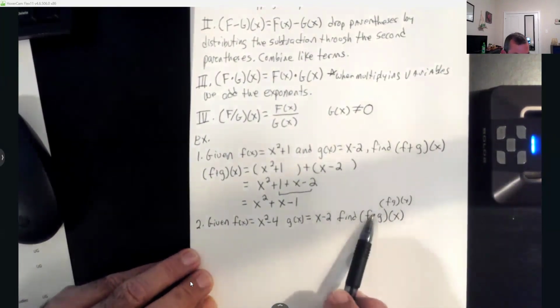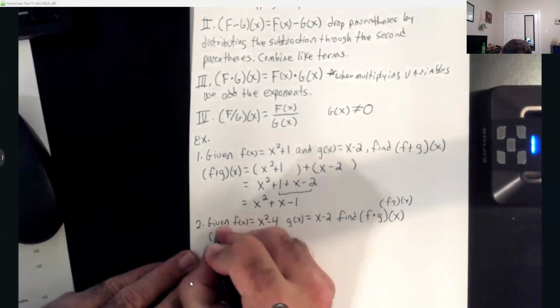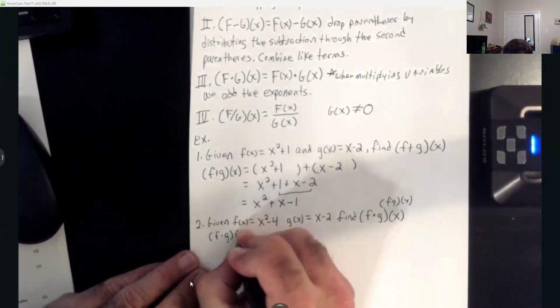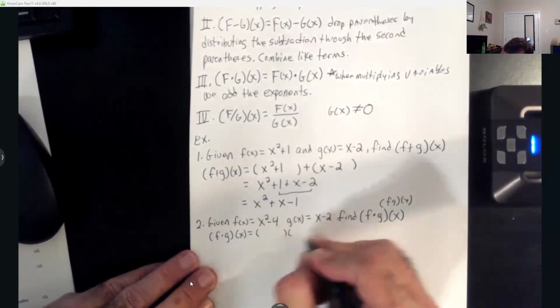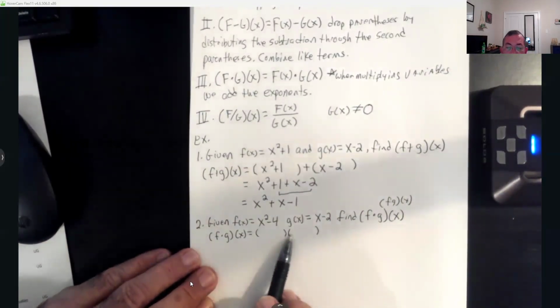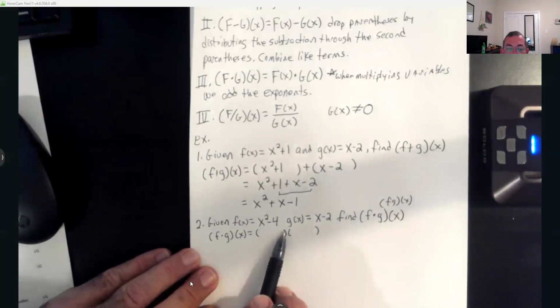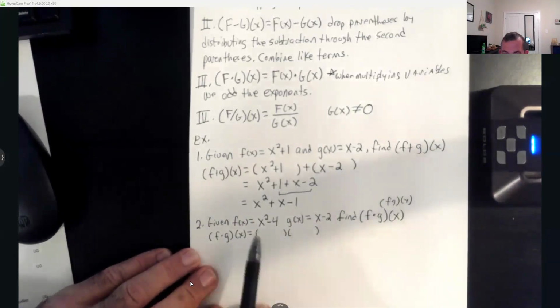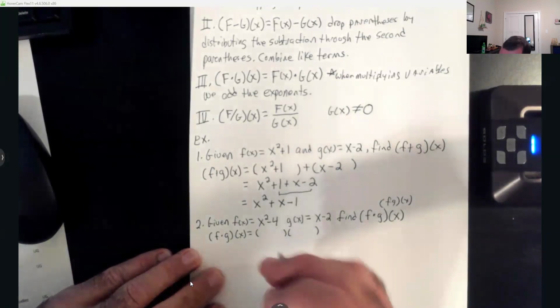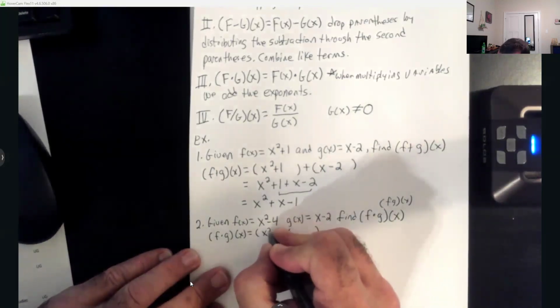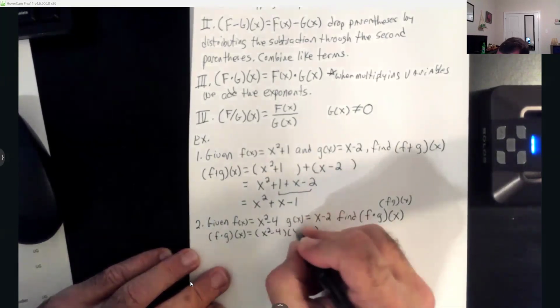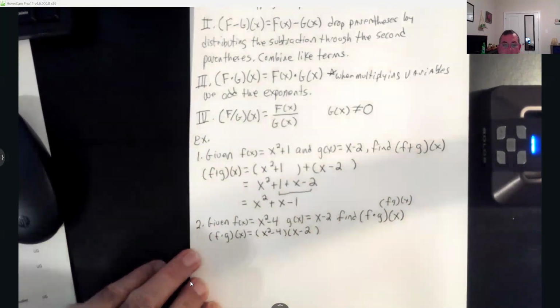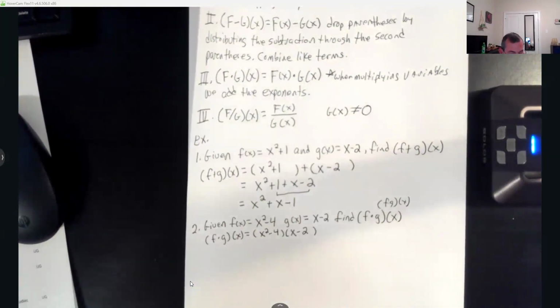All right, so let's see what we got. We got f times g of x is going to equal my f times my g. So I'm just going to put my parentheses right next to each other to represent my multiplication. So the first f will be x squared minus 4. G will be the x minus 2. So y'all, here's the question.